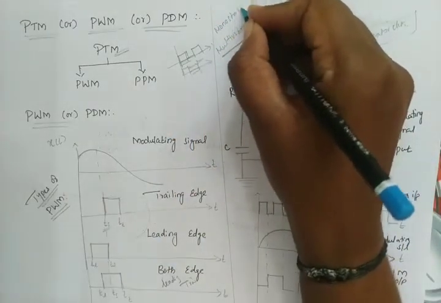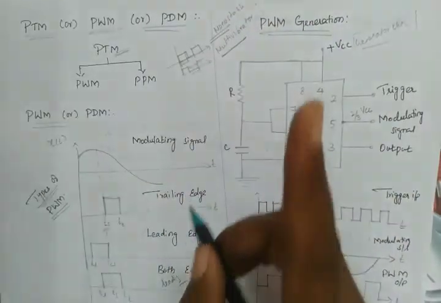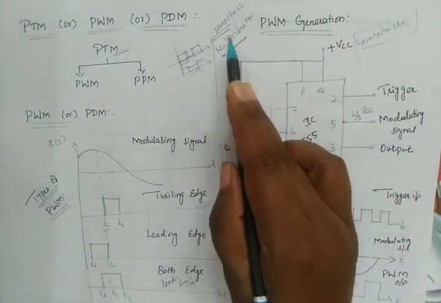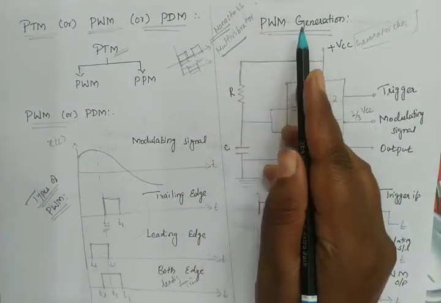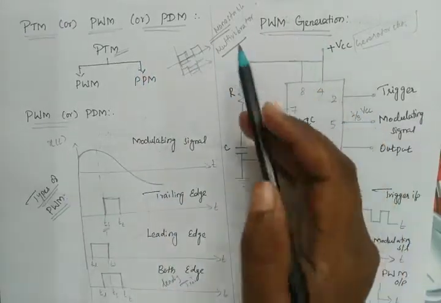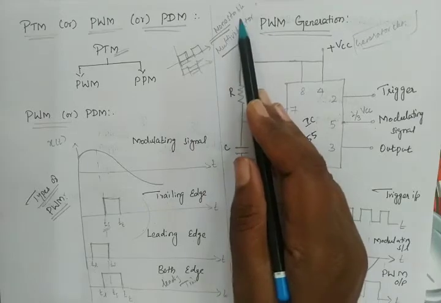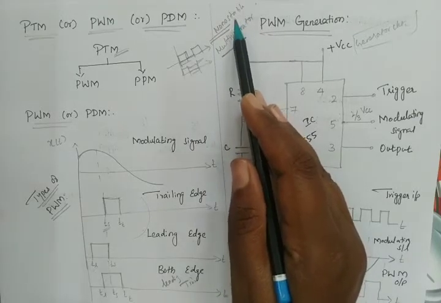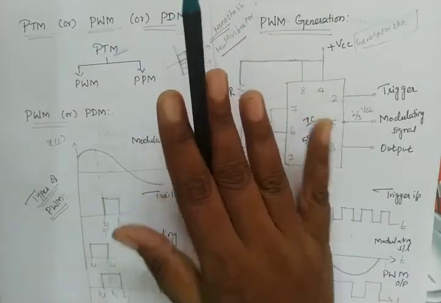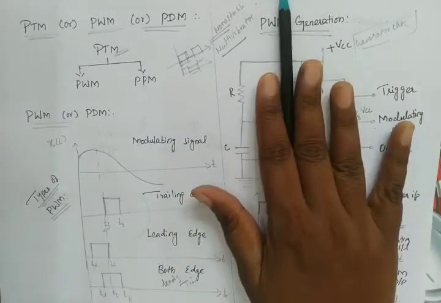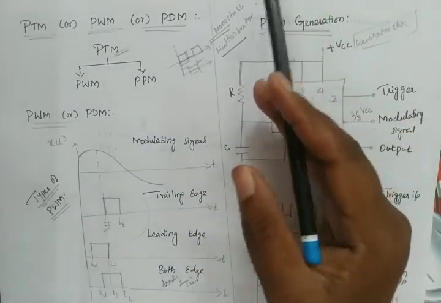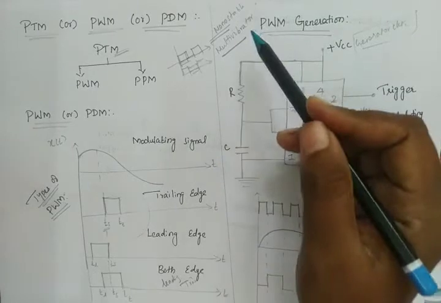What is mono? Mono means single. So it has only one stable state and another one is a quasi-stable state. So it may be either stable or unstable. That is called mono. So if it is a monostable state, we can say that it has one stable state and one quasi-stable state. And this circuit will be useful for generating single output pulses.